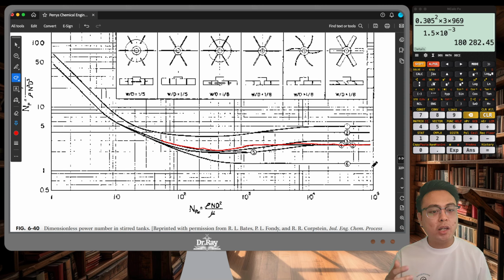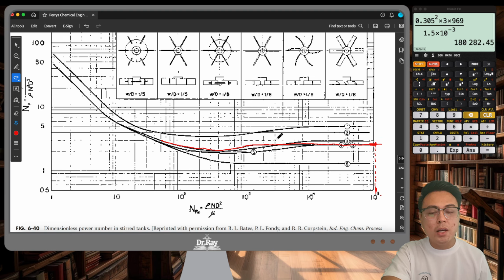But luckily for us, it just means that this curve right here, curve number 4, just continues at a constant power number. So this one right here is already our reference for what the power number is. Okay, so 1.8 times 10 raised to 5 is somewhere right here, and you get that intersection with curve number 4.